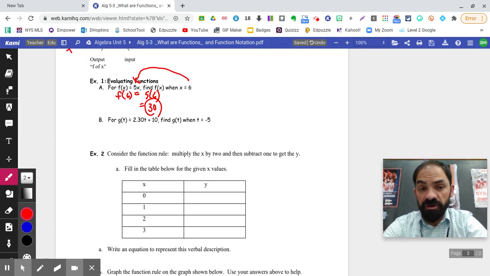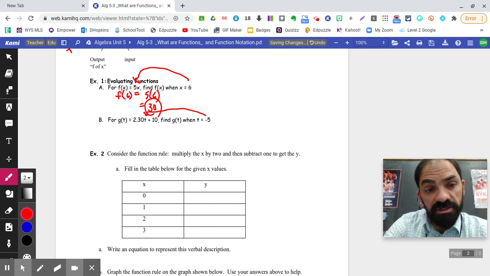Just because we change the variable doesn't mean anything. g of t is still a function, and it means y. So g of t equals 2.3t plus 10. Find g of t when t equals negative 5. So once again, plug negative 5 in wherever I see a t.